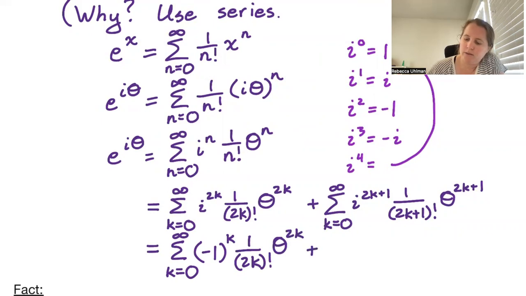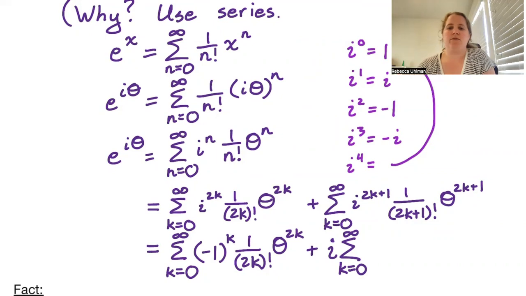The second piece, we can factor out an i from our i to the 2k plus 1. We're just left with i to the 2k inside. And this actually winds up being, again, the sum from k equals 0 to infinity of -1 to the k.